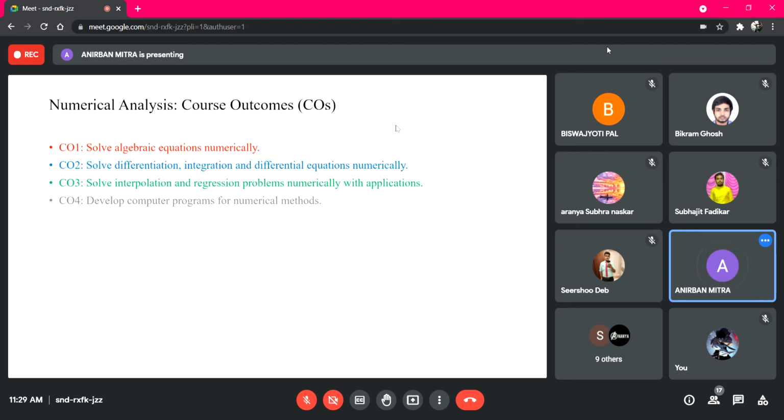And once that is done, the next step would be to develop the algorithms based on those theories that were discussed. And the final step would be to develop C programs based on the algorithms that were developed. So that is the approach that we will follow.